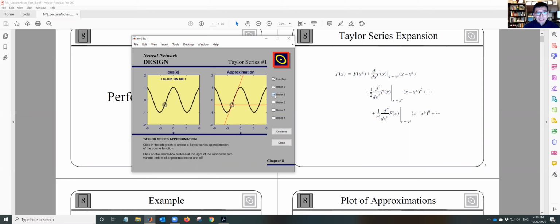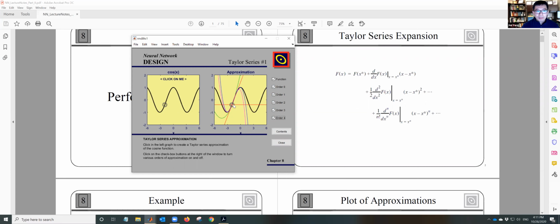And then if I add the first order, I added the derivative approximation. You see this is a linear approximation. If I add the second order, this is a second order approximation. And if I add the third order and fourth order, you see the accuracy or resolution will be a little different.